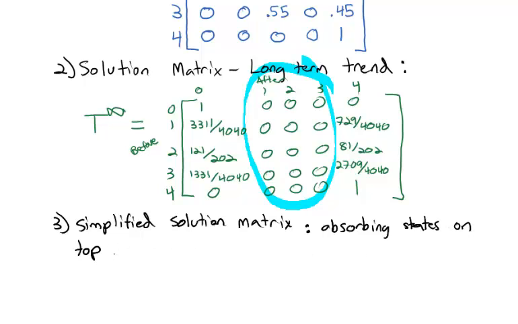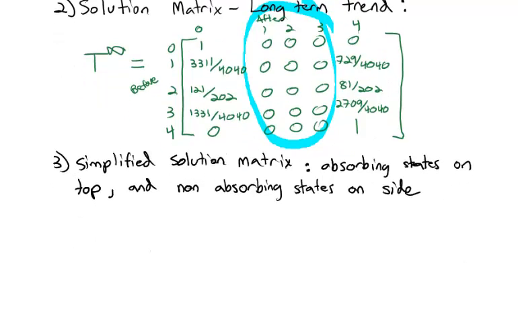The absorbing states are the ending states. We're either going to end at 0 or we're going to end at 4. And the non-absorbing states on the side. And this is going to make it a little bit easier to play with.